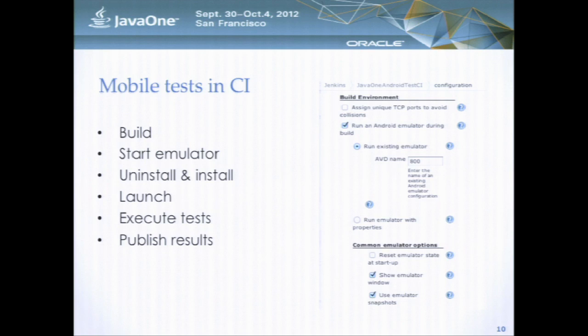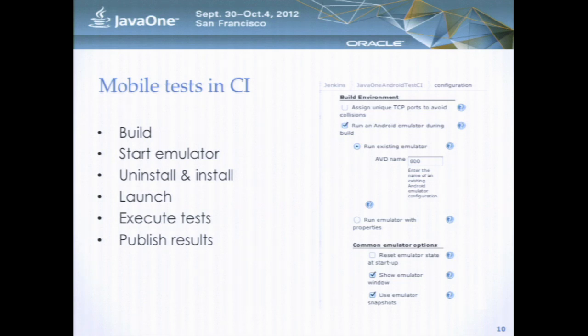And part of the build steps is where you inject the commands to start the emulator, uninstall your app, install your app, launch your tests and execute a test, and finally publish your results. So this is a standard procedure that you want to complete when you integrate a test in CI.